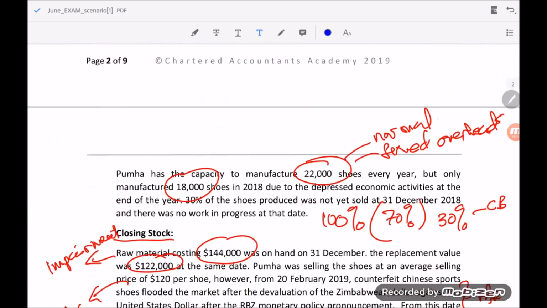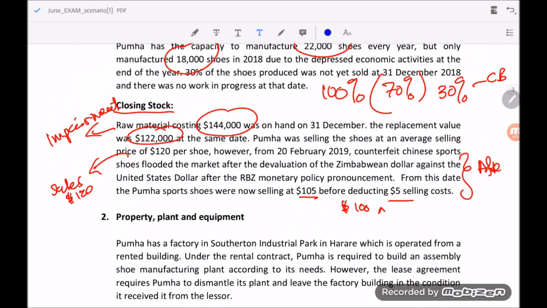So the question is, for us to go ahead and talk about the impairment of finished goods, we need to look at whether this is an adjusting or a non-adjusting event. Is this giving evidence of something which existed as of 31 December 2018?